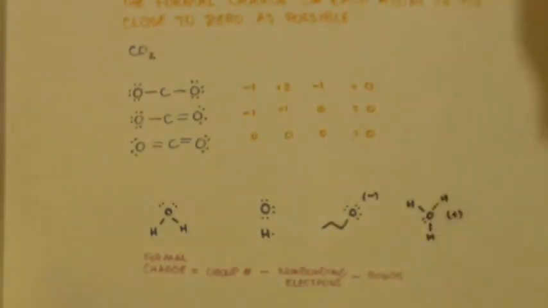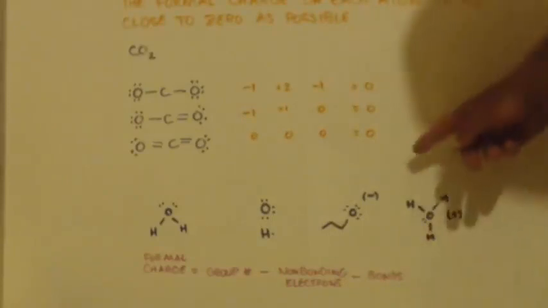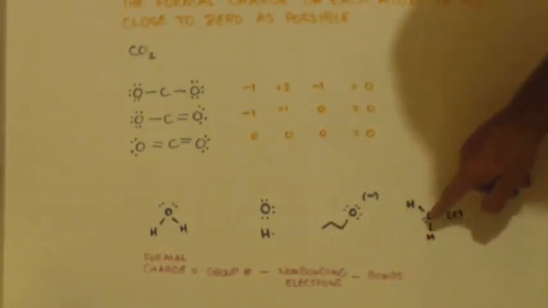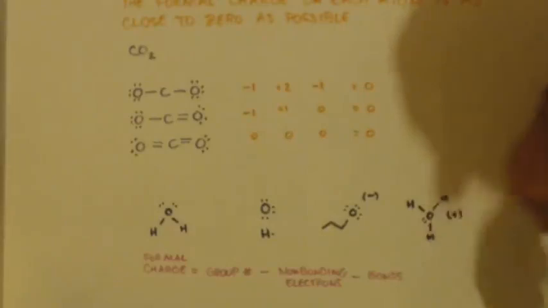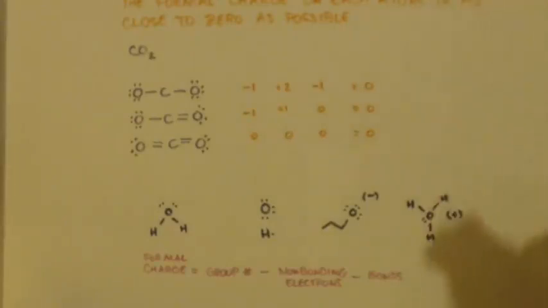Look over here. Here's a hydronium ion. It's a water molecule that had 2 lone pairs of electrons, and a proton jumped on it, right? And jumped on 1 of the lone pairs of electrons. Now it only has 1 lone pair, okay? If you look at the oxygen, you know it's in group 6, so it has 6 valence electrons to be neutral, right? How many does it have?